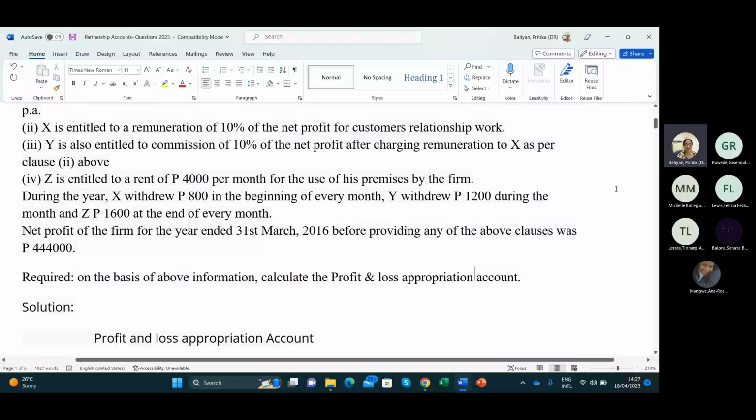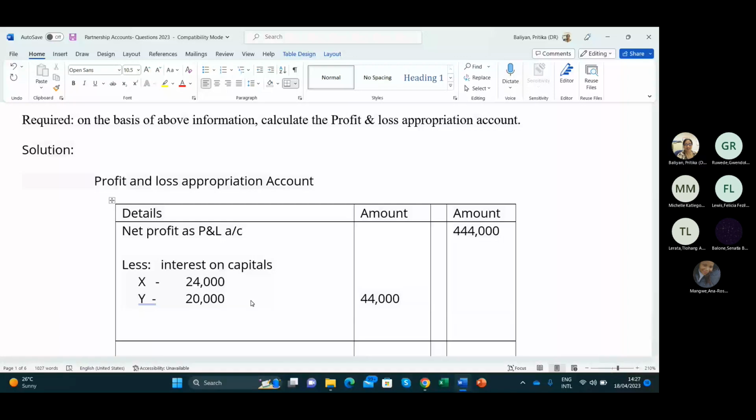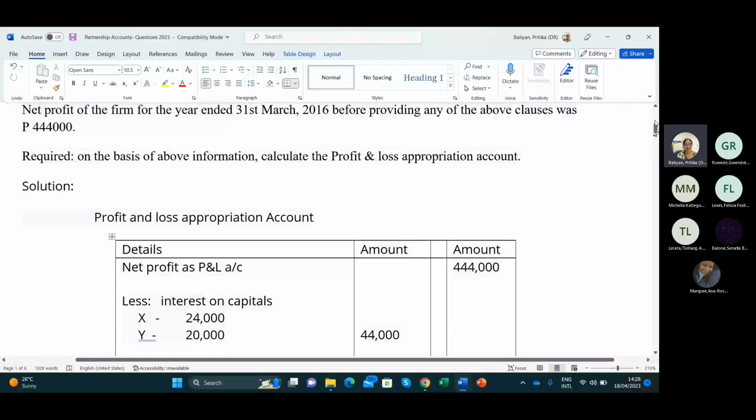Then you write next, the second item, the remuneration. So when you are calculating, you subtract the interest on capital as the clause mentioned in the partnership. You subtract.